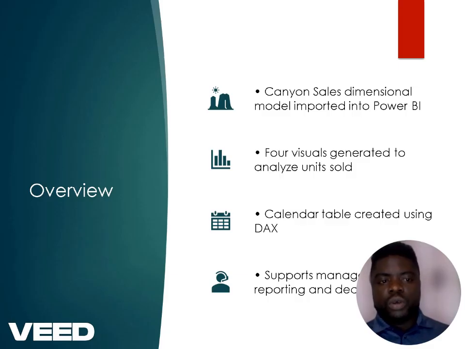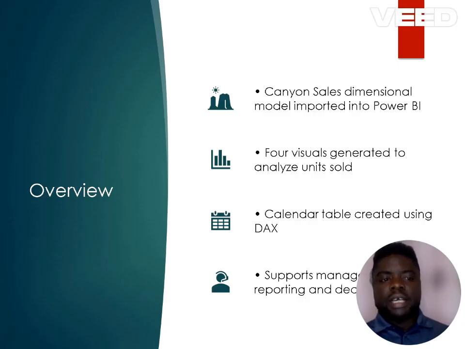Next, I will walk you through 4 bar chart visualizations that highlight trends in product performance, regional activity, and vendor contributions. After that, I will discuss the DAX-driven calendar table, which supports advanced time intelligence. And finally, I will summarize the key insights and how they inform strategic business planning.